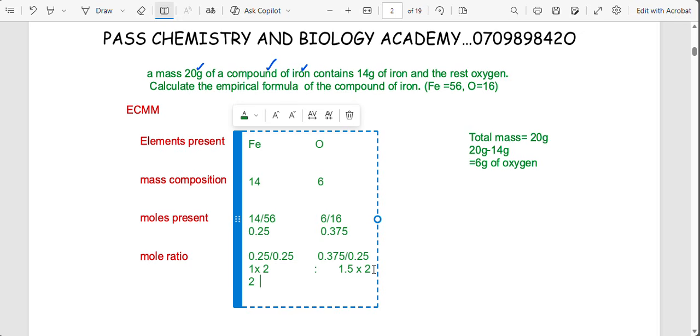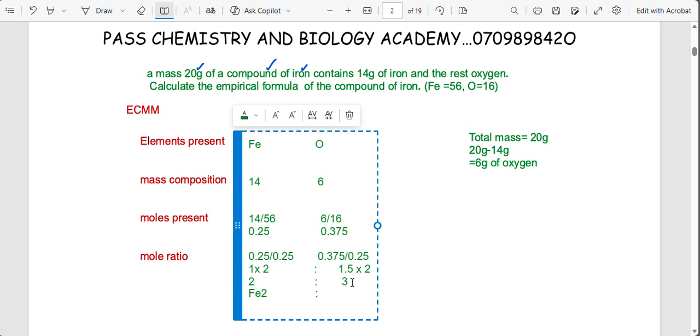So here we shall multiply by 2. Times 2. Likewise, also this side we say times 2. Why? We multiply only if there's a 0.5. So from there we shall come and get our answer. This is a 2.